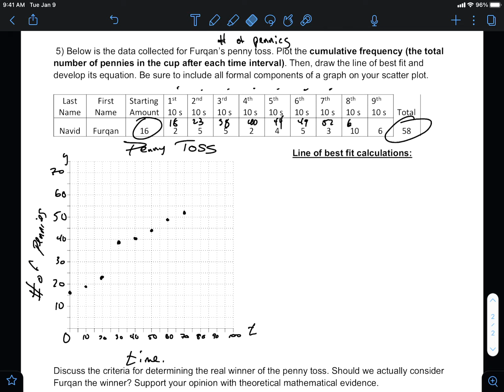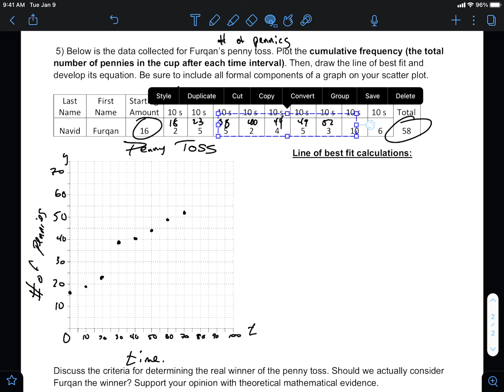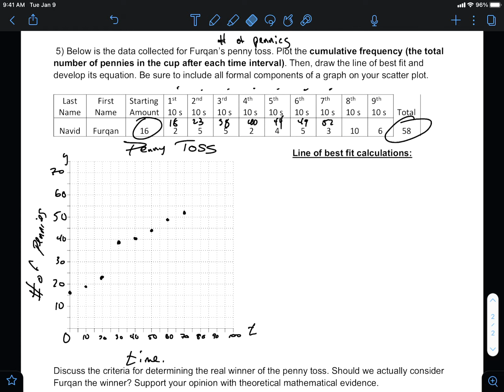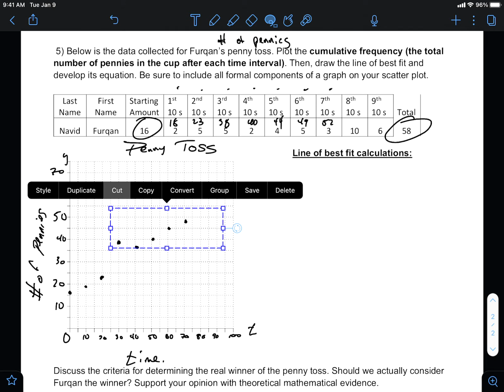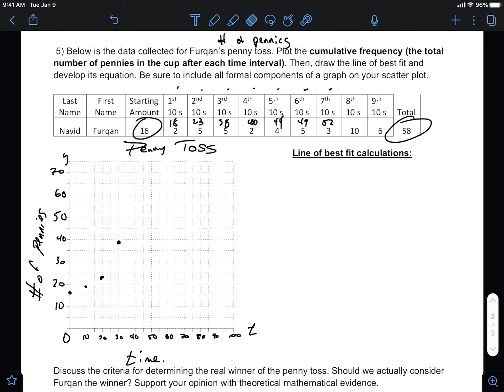Jeez, what happened here? I made a mistake.